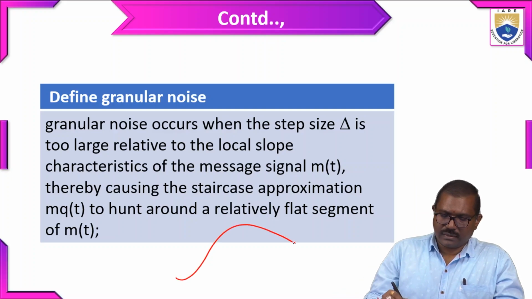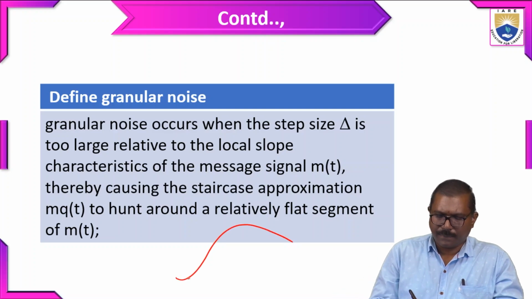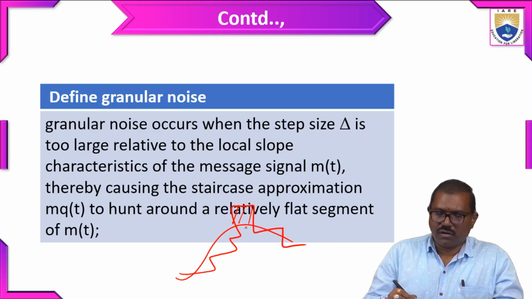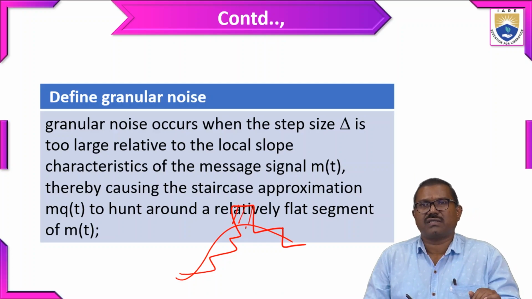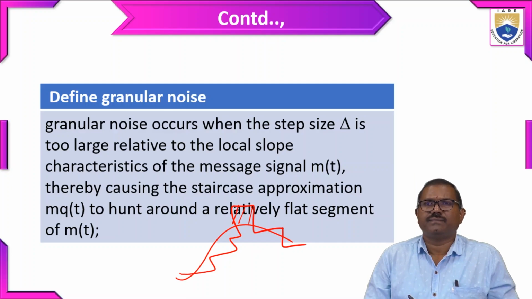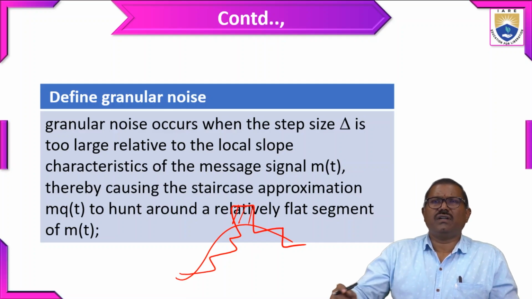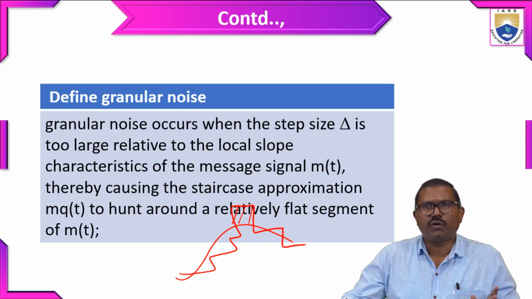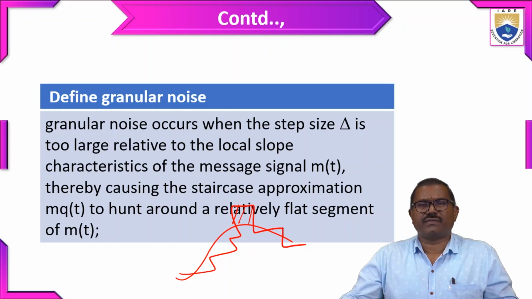Again, this is the analog signal. Here m_q(t) is above m(t). So this is called granular noise. These two noises, slope overload and granular noise, must be reduced.